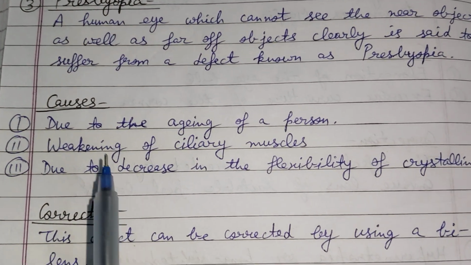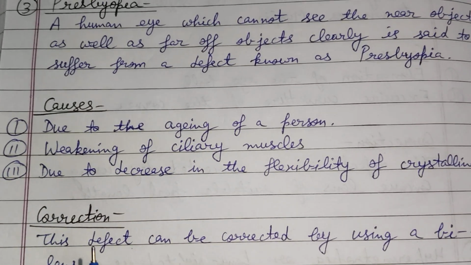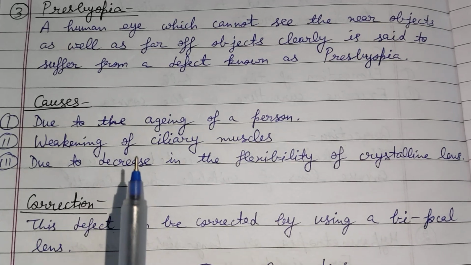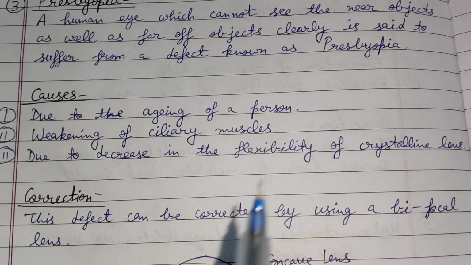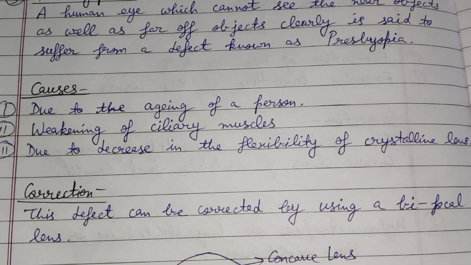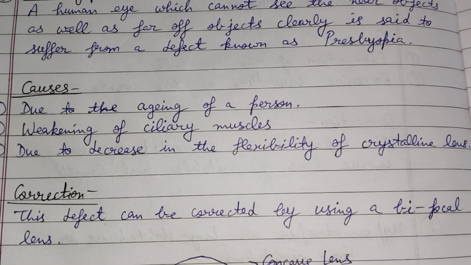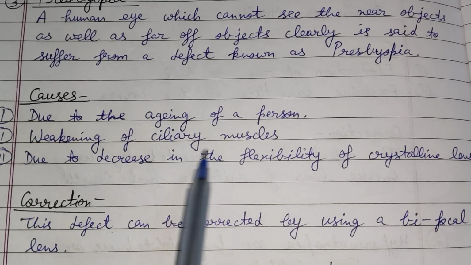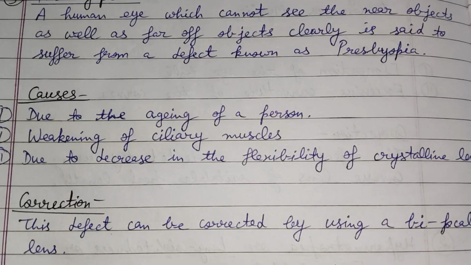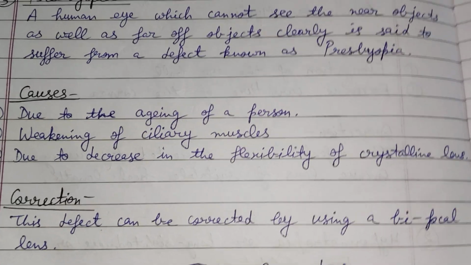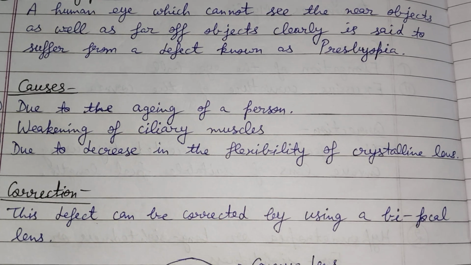Another cause is weakening of the ciliary muscles. You know very well that we have studied in the power of accommodation that ciliary muscles actually adjust the focal length of the eye lens by relaxing or contracting. So when the ciliary muscles become weak, they are not able to adjust the focal length of the eye lens, and therefore the person cannot see the far off objects and the nearby objects clearly.